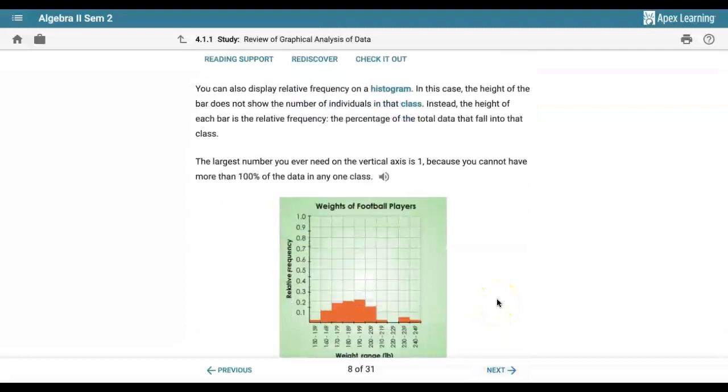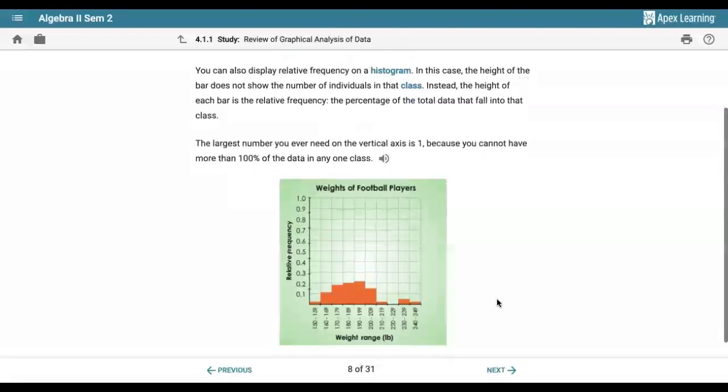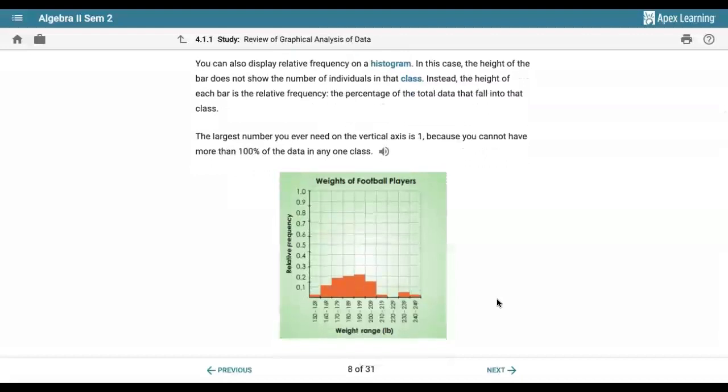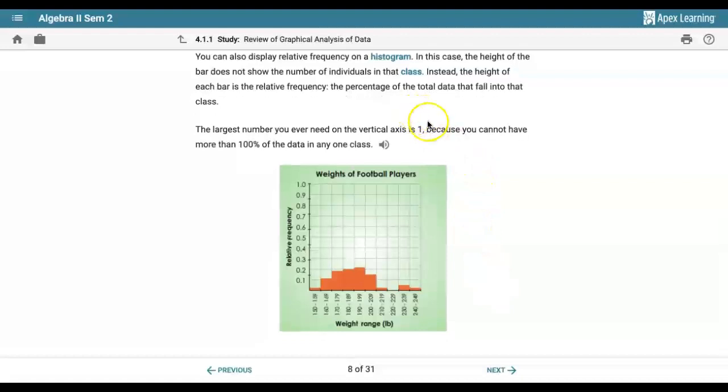All right, so a little bit more about histograms here. We can look at this thing called a relative frequency. We can display things as relative frequency. In this case, the height of the bar does not show the number of individuals in that class, so it's not an absolute number of occurrences. Instead, it is relative, meaning the percentage of the total data that falls into that class.